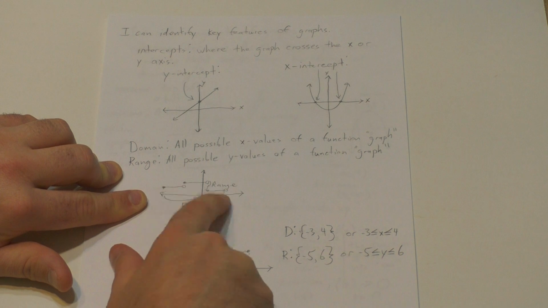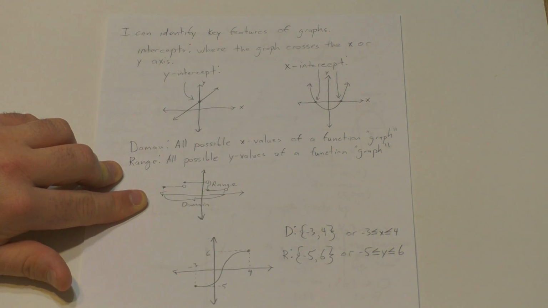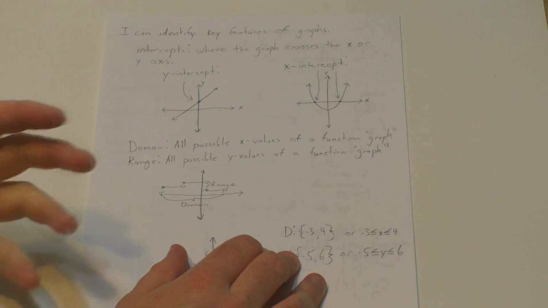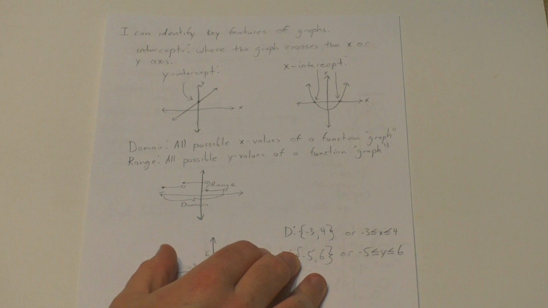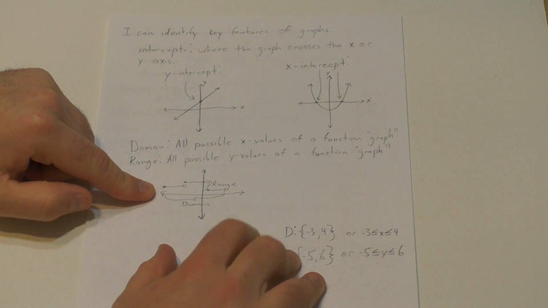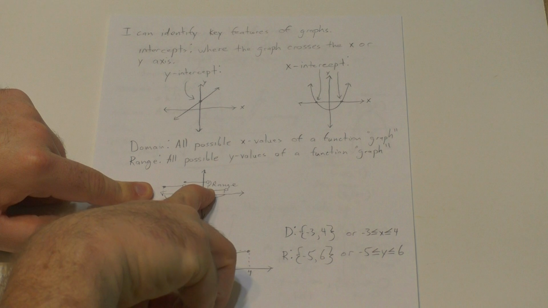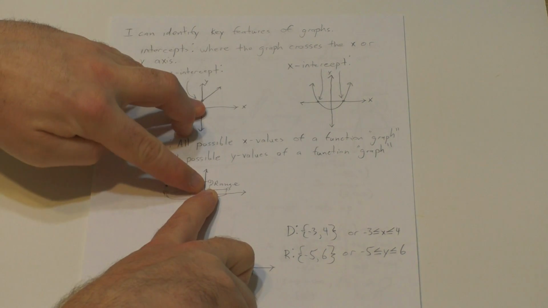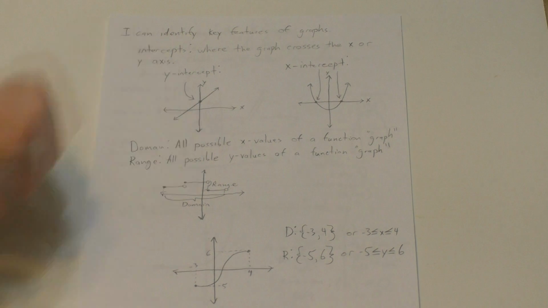Those are all the possible x values that are in this graph, okay? Similarly, range. It's all possible y values of a function, or in this case, a graph or representation of a function. So we see here, this is our lowest value of y that's on this step graph. Here's our highest value of y, so the range is this right here.